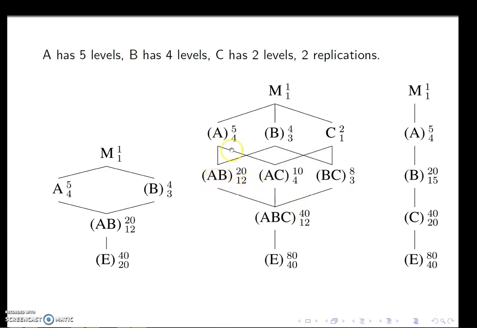A times B, you have 5 times 4 gives you 20. Let's try this one, AC. 5 times 2 gives you 10, 4 times 1 gives you 4, and so it's pretty self-explanatory, I think. Finally, the fully nested. Notice how we just add to the degrees of freedom by the factor of the number of levels added for each of these.